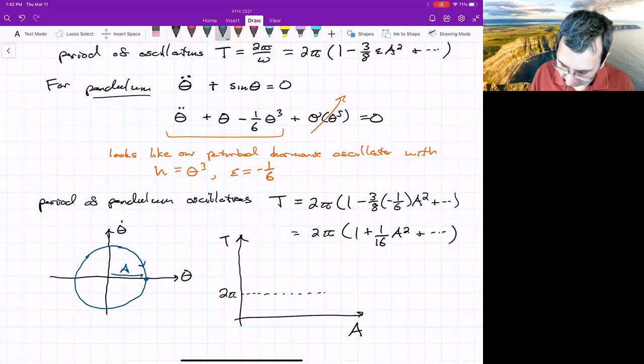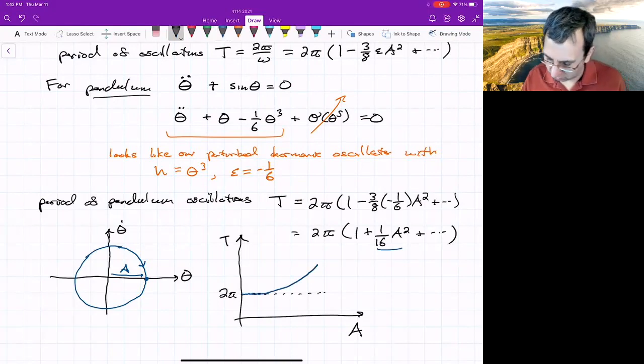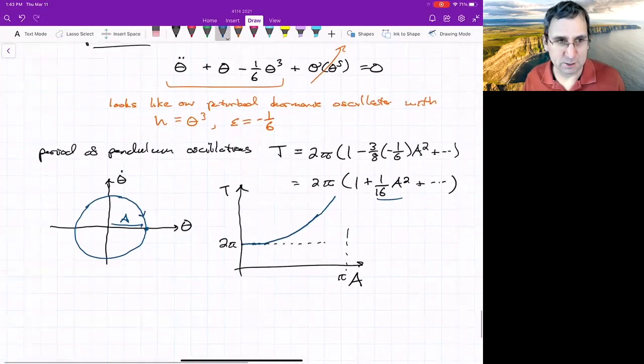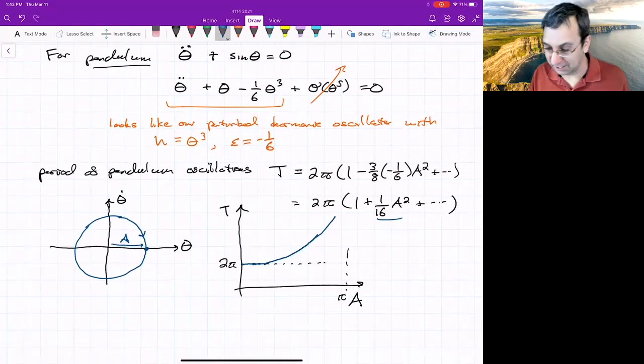For small a, the oscillations are all about the same. Then when this cubic term kicks in, you see that this thing will grow. Eventually, it's going to go to infinity. If you think of a equals pi, this thing is going to shoot up to infinity. So that's kind of interesting. Looking at the Duffing system, because it mathematically looks the same as the pendulum, we get some information about the pendulum.